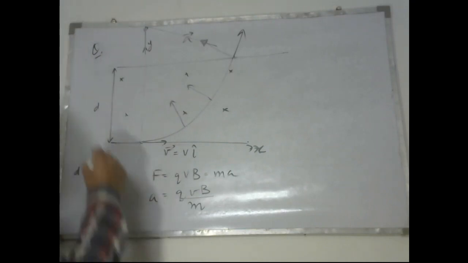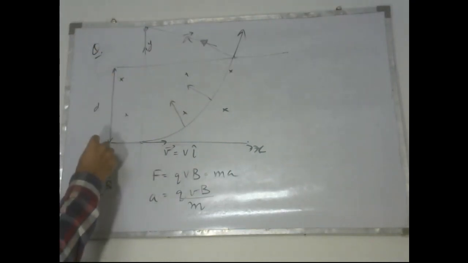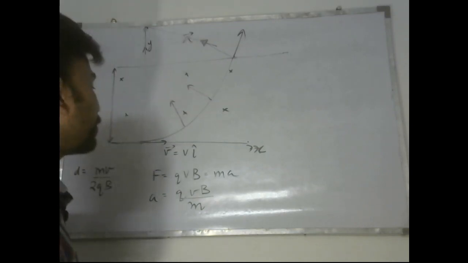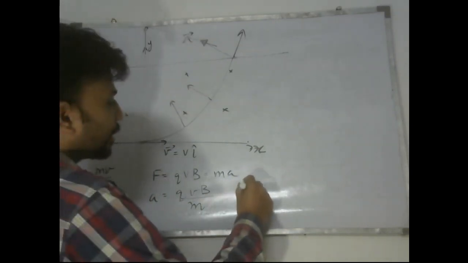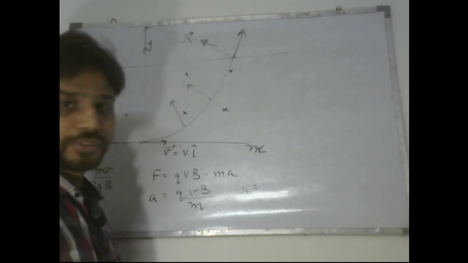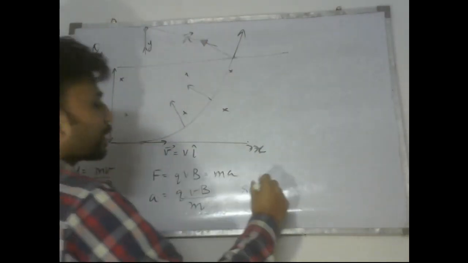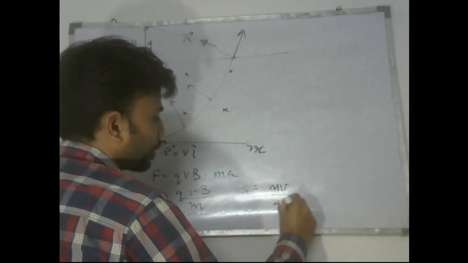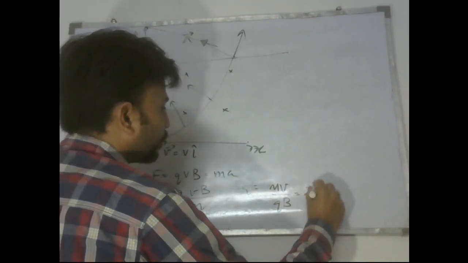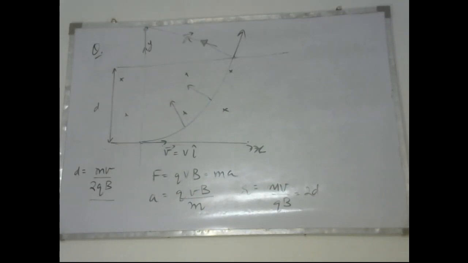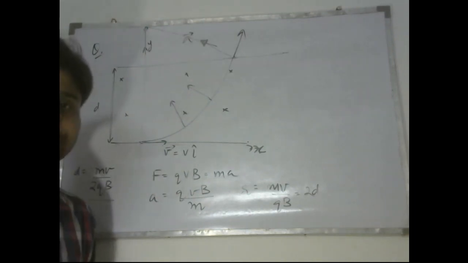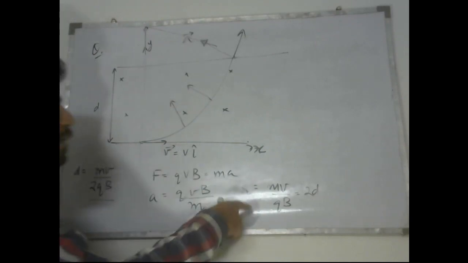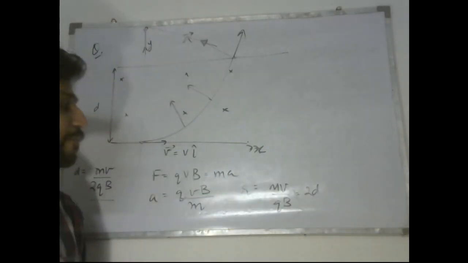We are given the value of the width of the region of the magnetic field, that is d, and what is the radius of the circle in which the particle goes. The radius of the circle in which the particle is going is actually mv by qB. The value of d is given to us as mv by 2qB, so the radius of the circle, mv by qB, is 2 times the value of d.